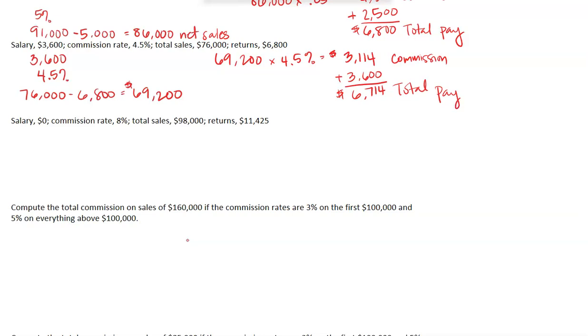And I'll do one more example of this. Notice that this time there's no base salary and they get paid solely on commissions. So I have an 8% commission rate. Total sales are $98,000, and I'm going to subtract the returns.